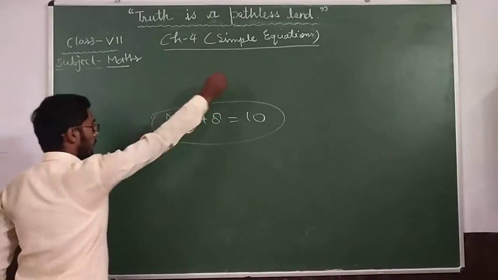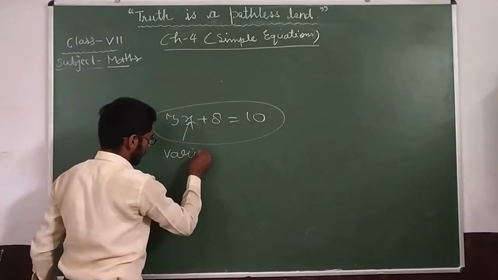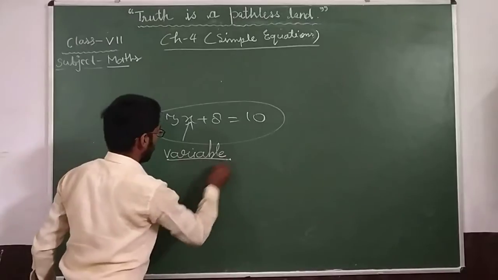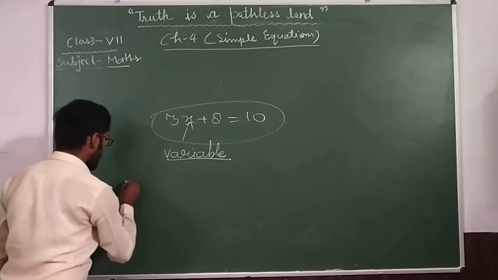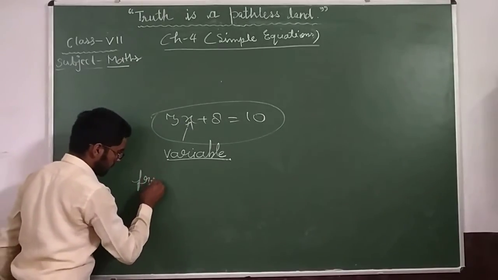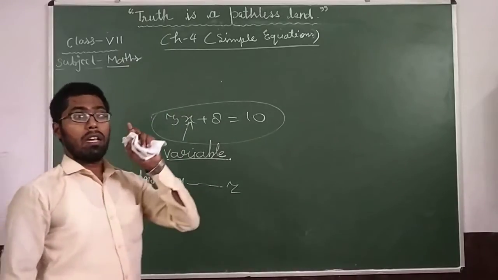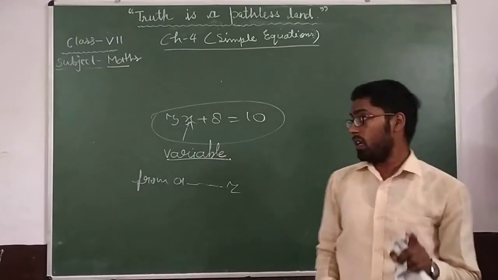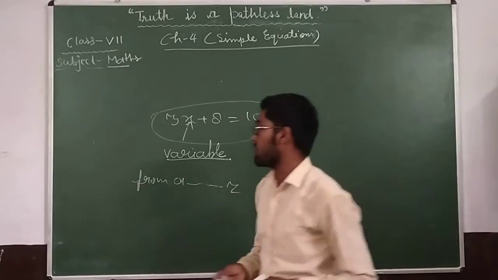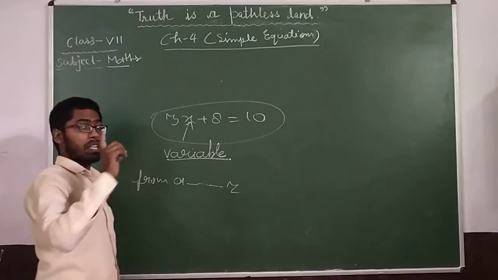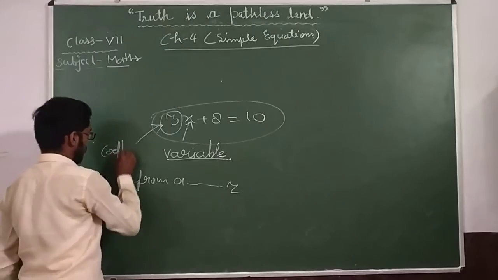Here, the variable is x. All alphabets from A to Z in an equation are called variables, and a number which is with a variable is called a coefficient.